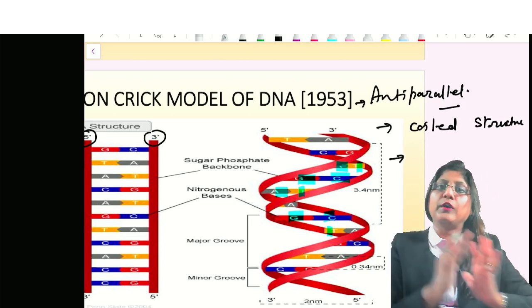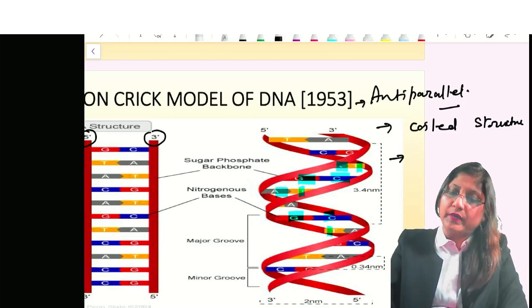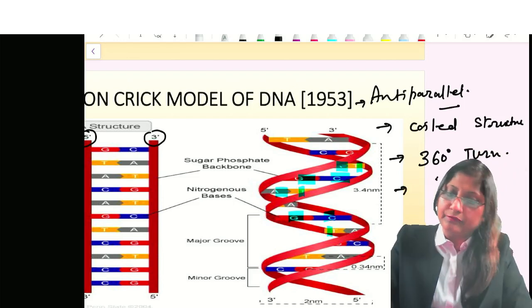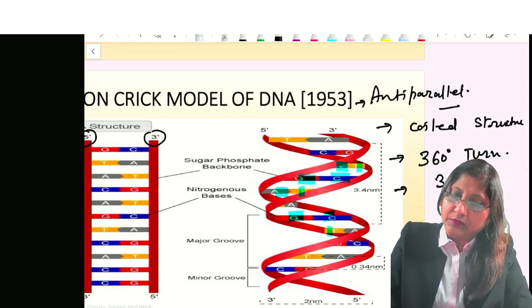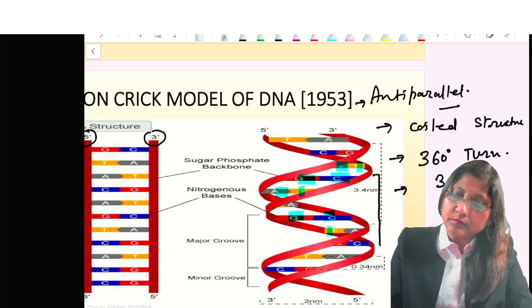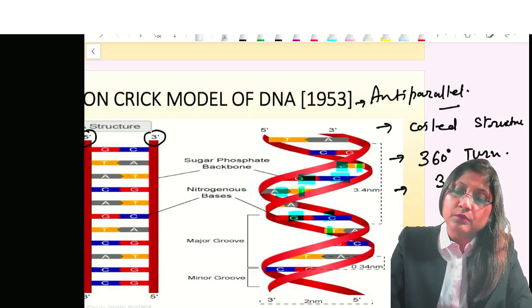One complete coil, that is a 360-degree turn of double-stranded DNA, covers the height of 3.4 nanometer. You can see this is the height which is covered completely in a major groove.